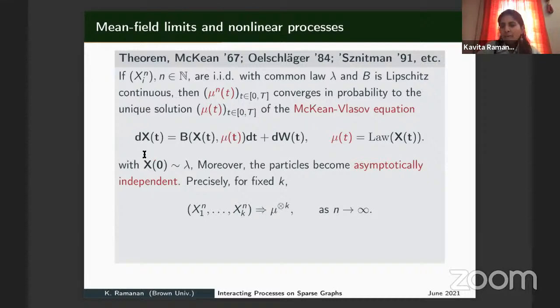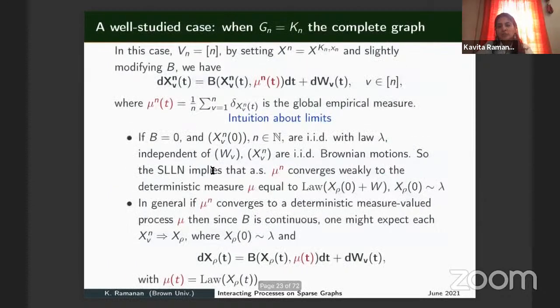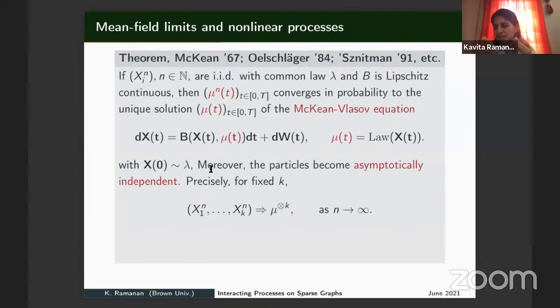Of course, in the first case, this B equals 0 case, we actually had the particles independent. The reason it looks similar in this case is because asymptotically, these particles are becoming independent, in the sense that at least any finite number of particles are becoming independent. And why is that?